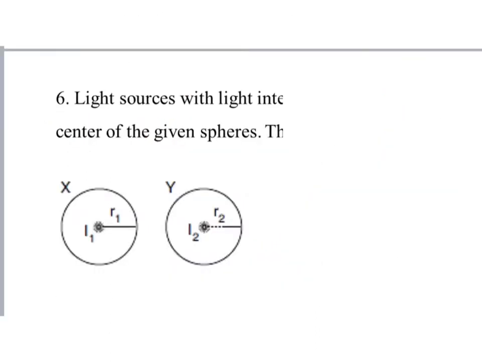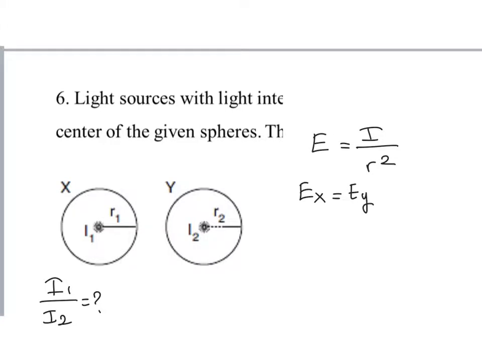Now we have some light sources inside the spheres X and Y, and the illumination at the surface of the spheres are equal, so we are going to find the ratio I1 over I2. Illumination is equal to the light intensity over the distance squared. As the illuminations are equal, then I can say EX is equal to EY. So here the light source I1 illuminates the surface with a radius R1: I1 over R1 squared is equal to I2 over R2 squared.